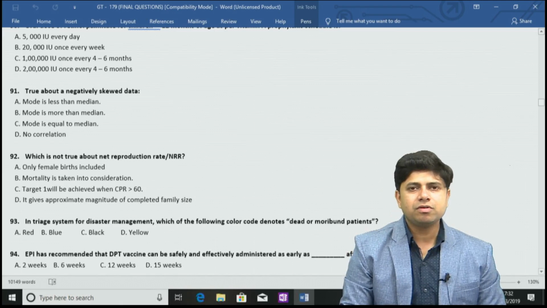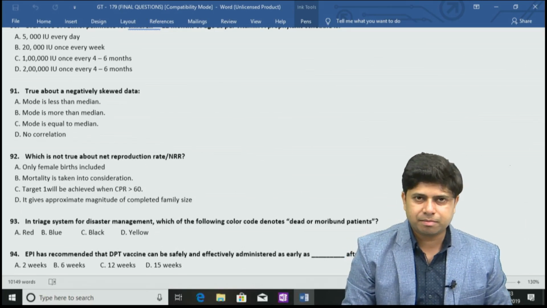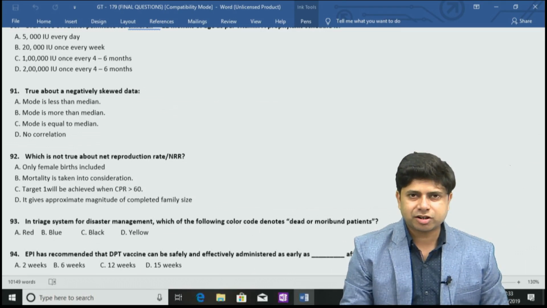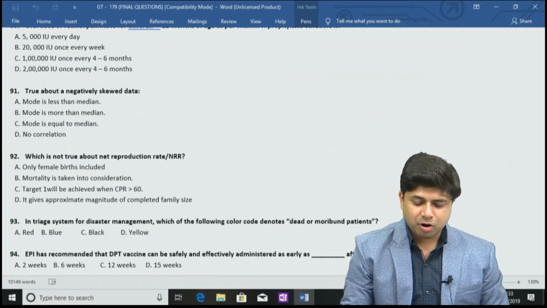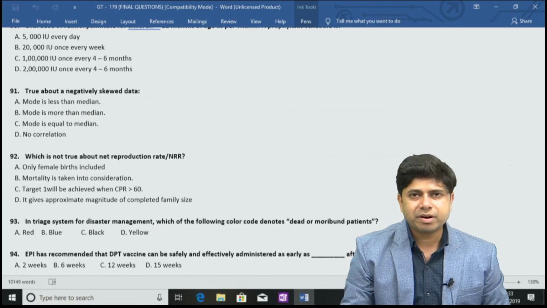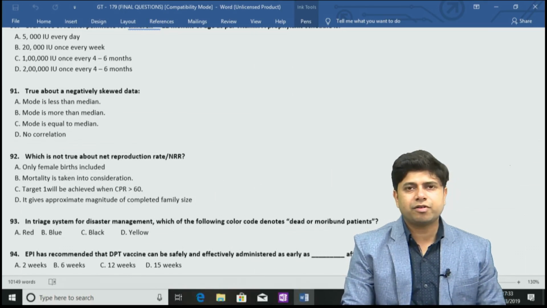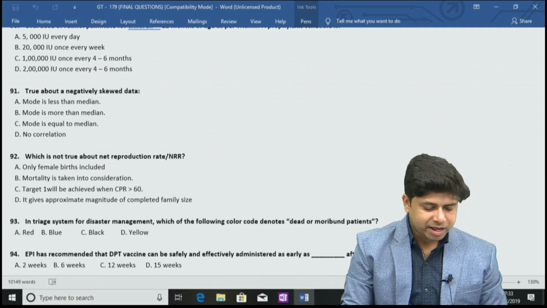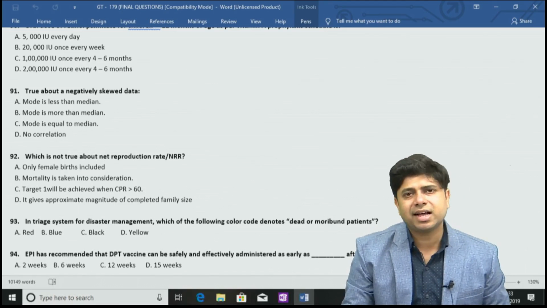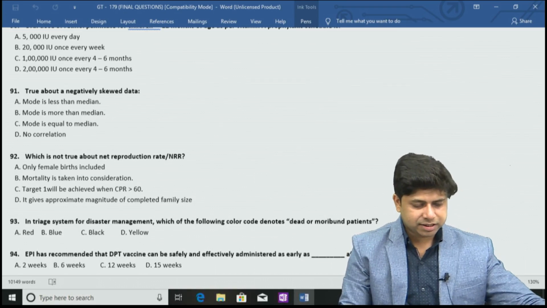NRR is the number of female children born to a lady, which gives a reflection of the female population, and mortality is taken into consideration because mortality and current fertility rates are included. So it does not give the approximate magnitude of completed family size, but that is given by the total fertility rate. So that is the answer.